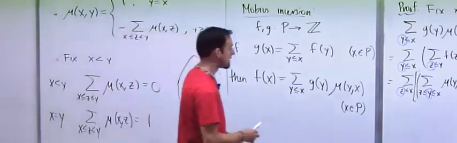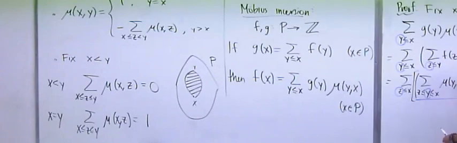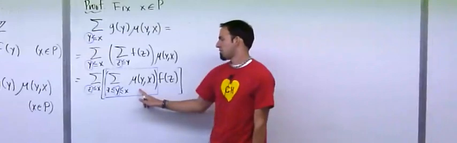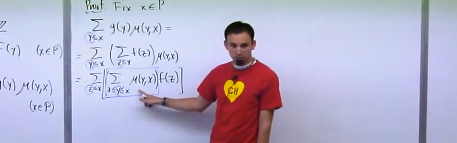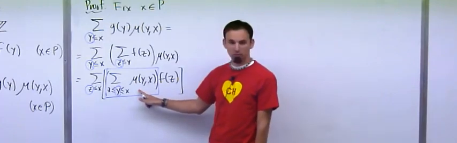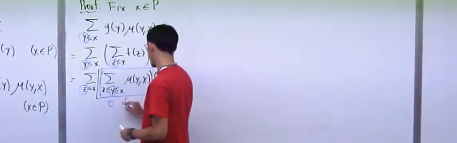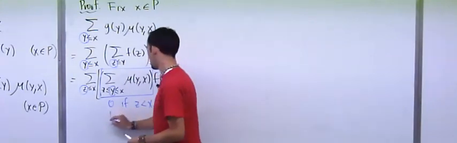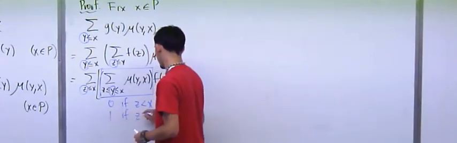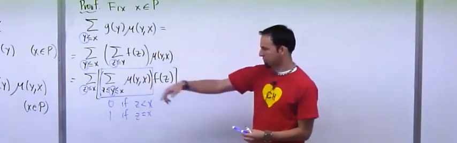Okay? So here I have my sum over the interval. And I want to say that this sum is 0 if the interval is not trivial, and 1 if the interval is trivial. 0 if z is less than x, so there actually is an interval there, and 1 if z is equal to x, and so actually there's just one summand.